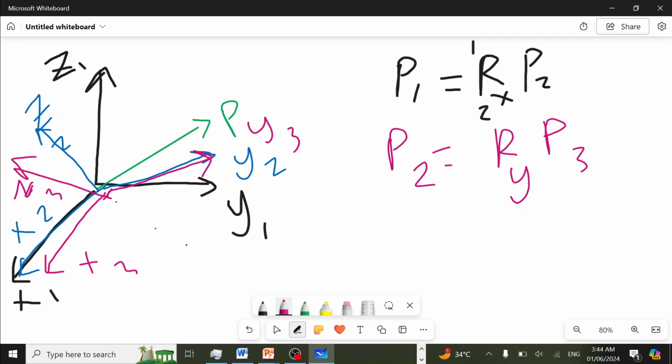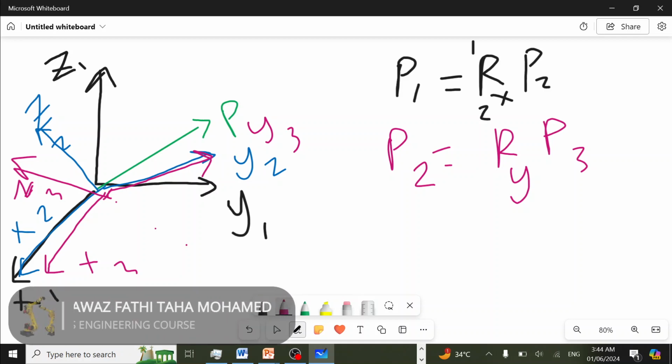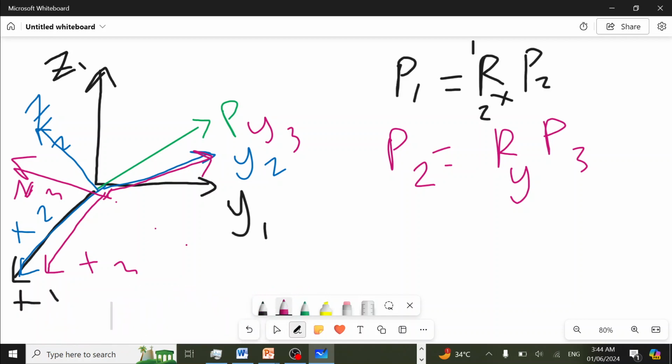The Ry is around the second frame. The new frame, frame 3, is rotated around frame 2, the current frame, or the previous frame.